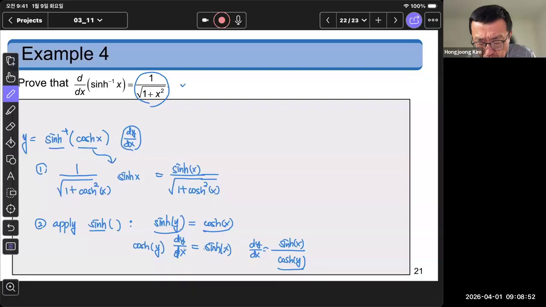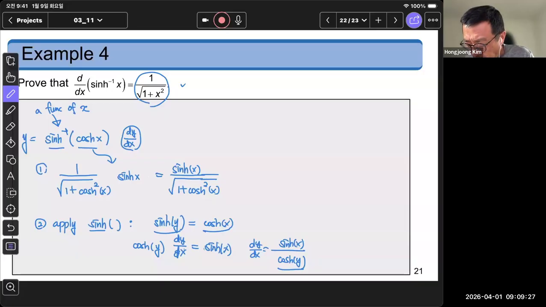Actually, I gave you the expression, some function in x variable is given. So what I am expecting is a certain expression in x, but I do not know hyperbolic cosine of y, right? So I need to express this hyperbolic cosine of y in terms of some expression in x.